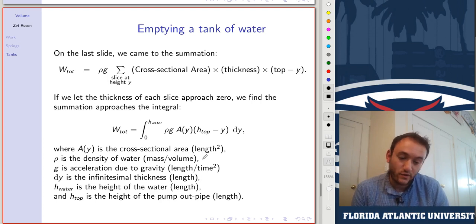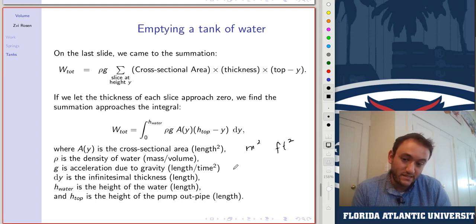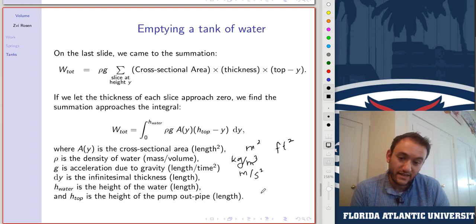where a of y is the cross-sectional area at height y. That's in units of length squared, possibly meters squared or feet squared. Rho is the density of water, in kilograms per cubic meter, perhaps. G is acceleration due to gravity, in meters per second squared. dy is the infinitesimal thickness or length, in meters.